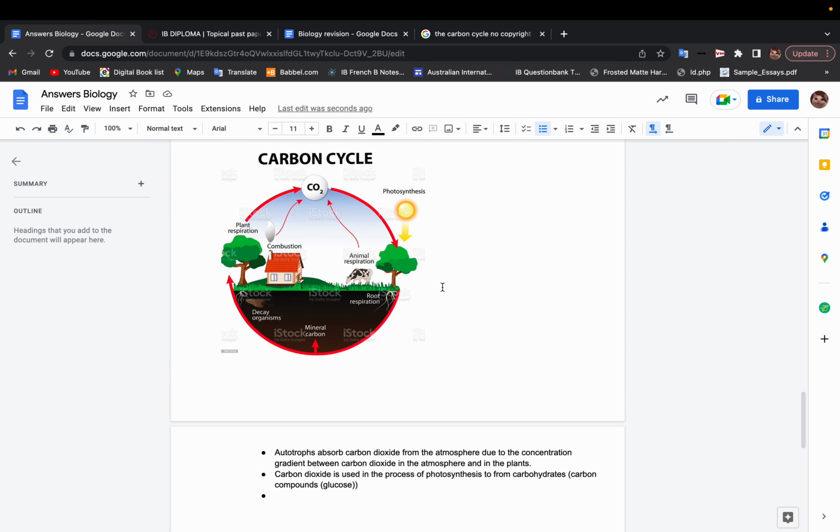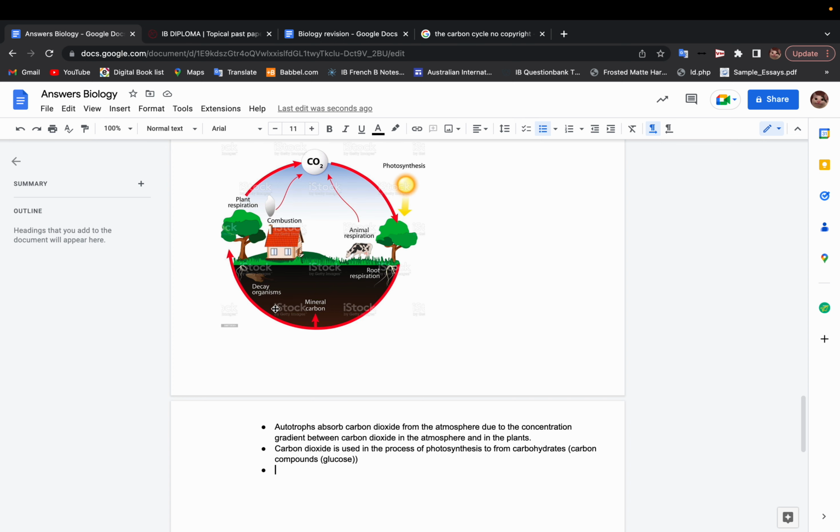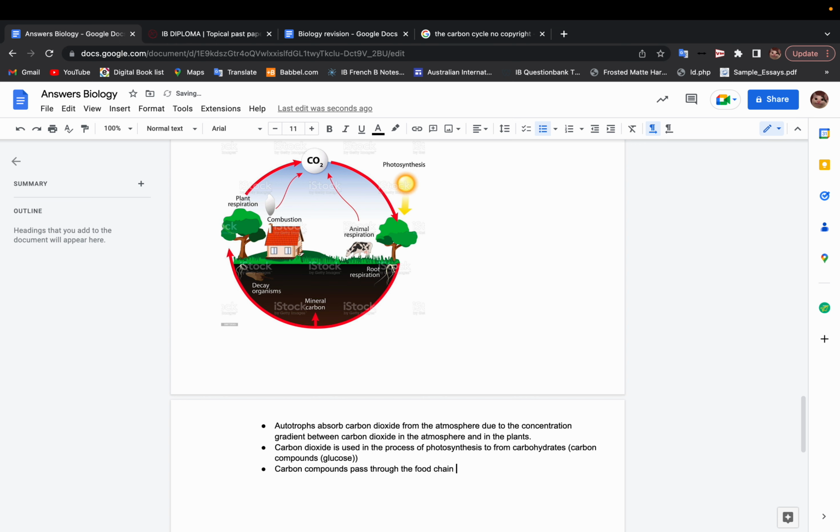Okay. So now we know that we have a carbon compound. Now, what's not shown here is how carbon flows through feeding. Animals eat each other. They obtain the carbon compounds by feeding off each other. So what we want to say here is carbon compounds pass through the food chain by the process of feeding in successive trophic levels.